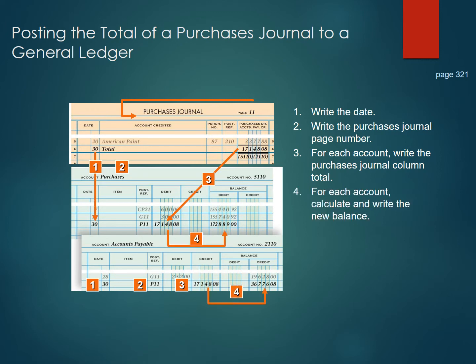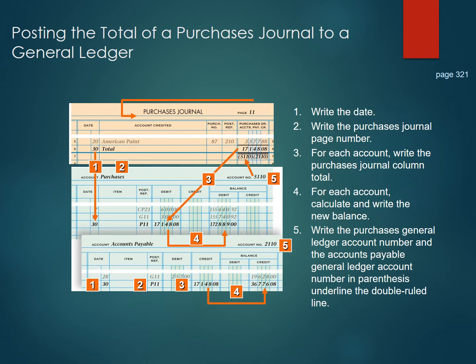The second account that we need to post to is our accounts payable credit. So we will go to our accounts payable in our general ledger, record the date, the post reference, and the credit amount of $17,148.08. Then we will calculate our new balance. The last step is to show that we posted to our general ledger.